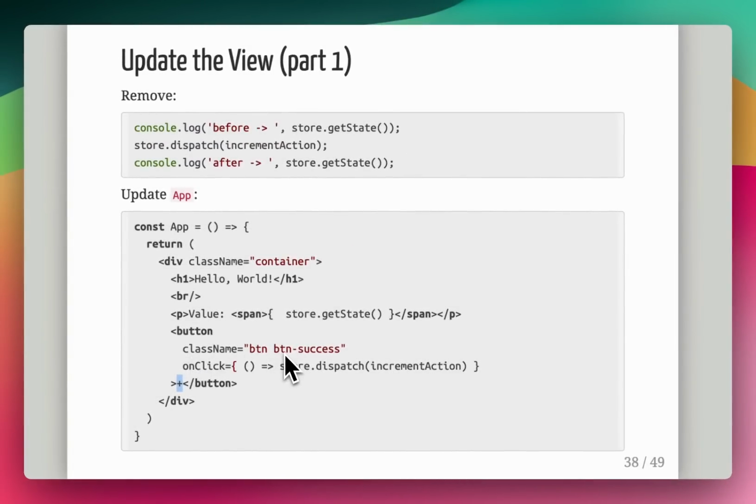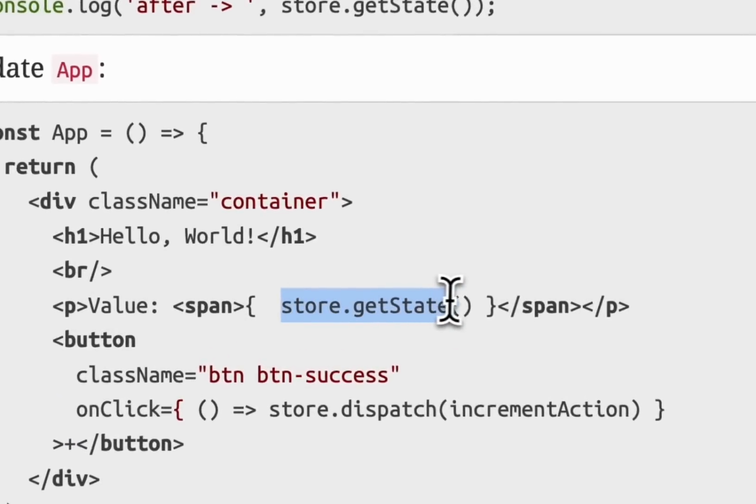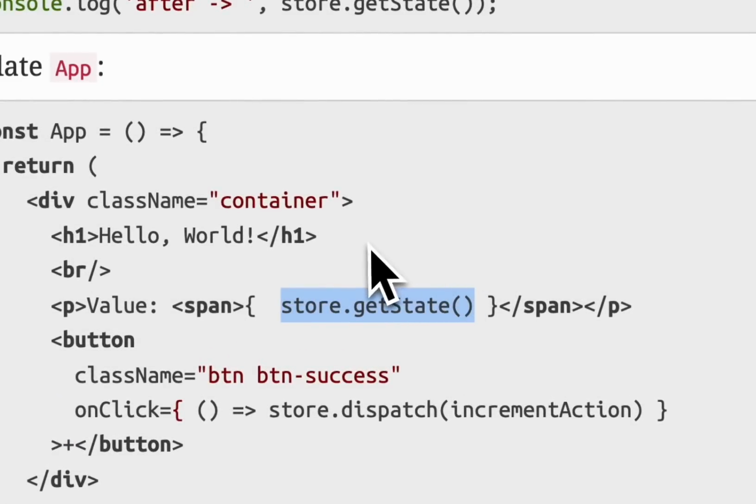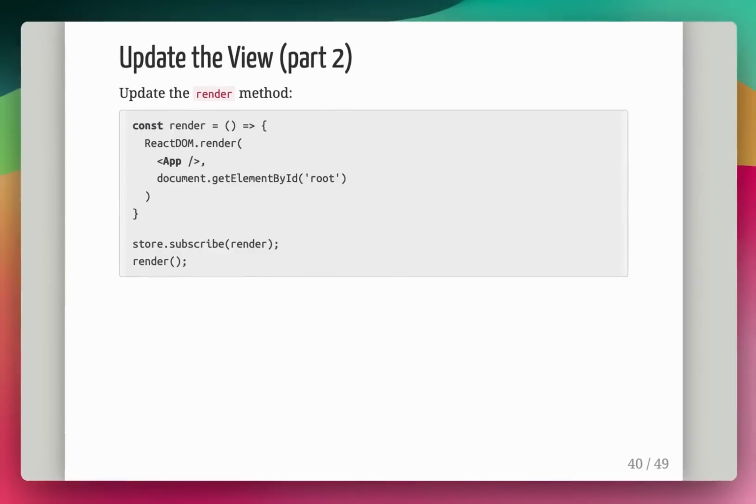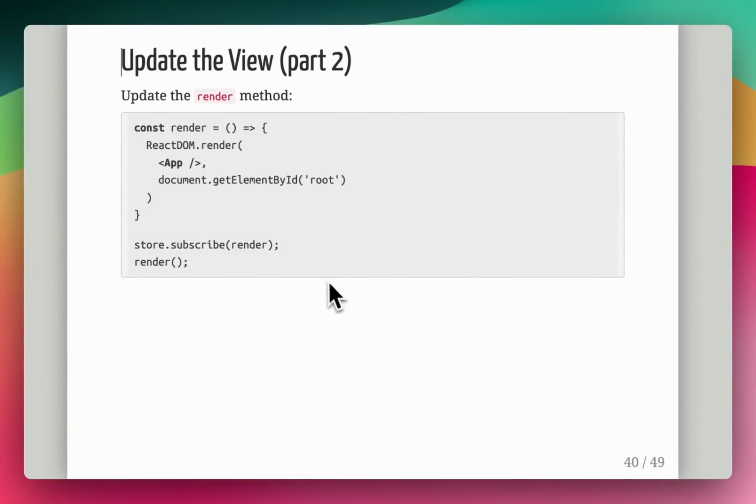Now, after you increment it by 1, the state will be incremented, but you will not be able to see it on your screen. This is because you need to tell React to fetch updates to the Redux store.